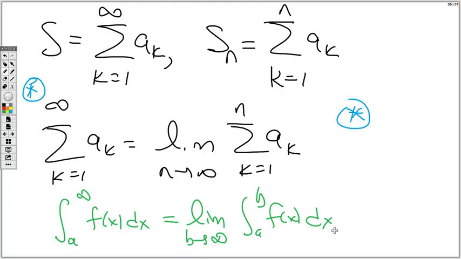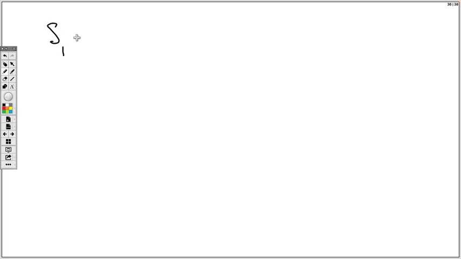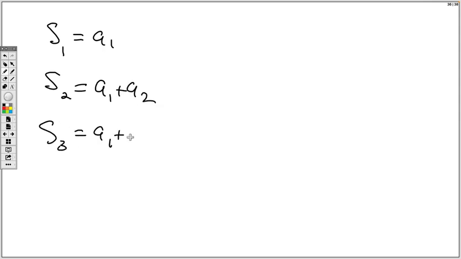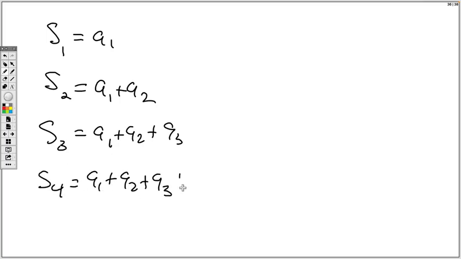Tying this idea back to what we did yesterday, if I think about these partial sums, that's a1, S2 is the sum of the first two terms, S3 is the sum of the first three terms, S4 is the sum of the first four terms, and so on.